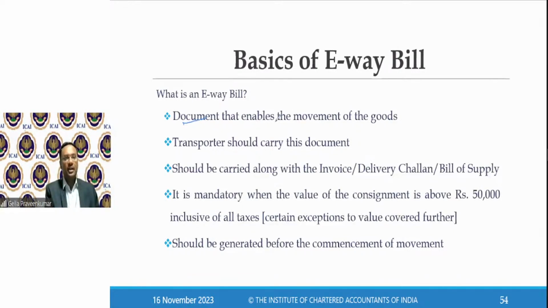This document enables movement of goods. It is an enabler. That means it is a prerequisite under GST law for movement of goods. If the e-way bill is not there, the GST authorities may question the genuineness of this particular transaction.